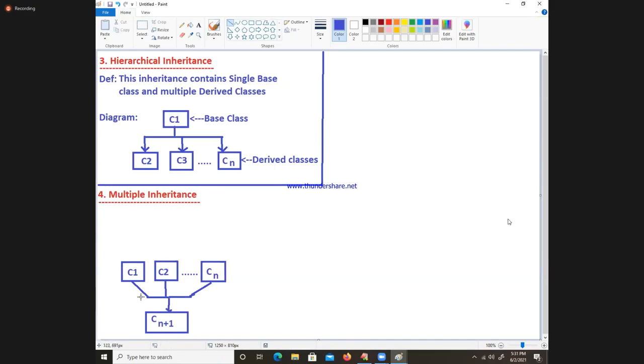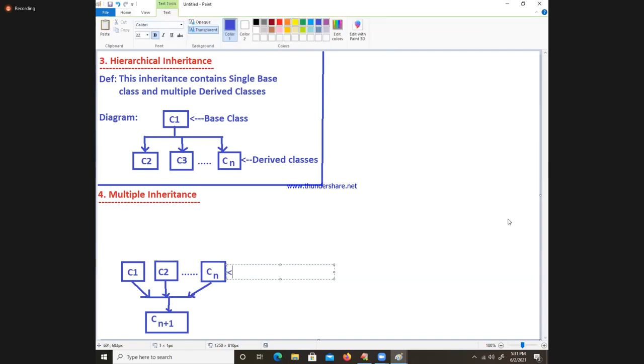C1 and C2, Cn are inherited into where? Into Cn plus 1. Now tell me guys, which classes are these called? Base classes. And this is called which class? Derived class.